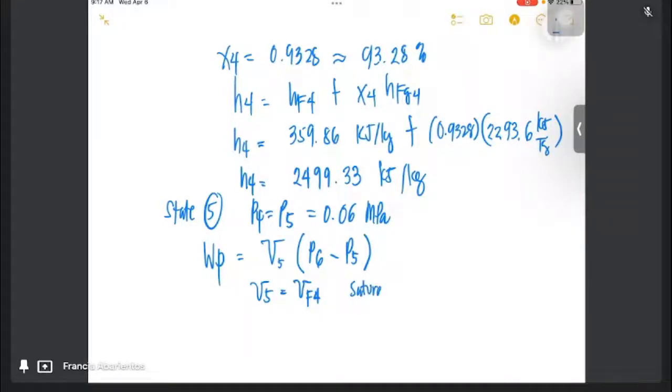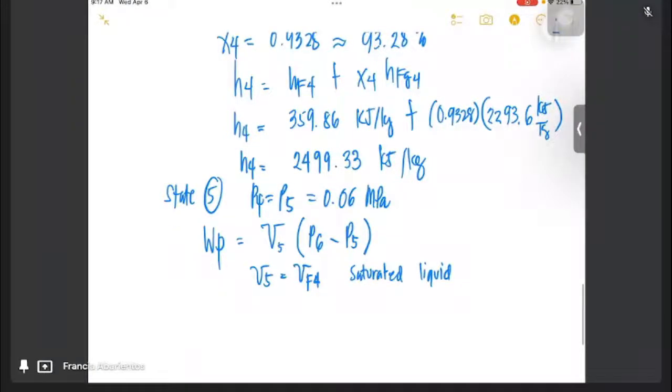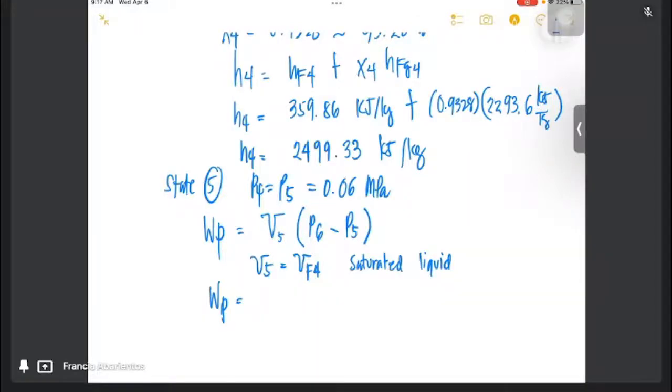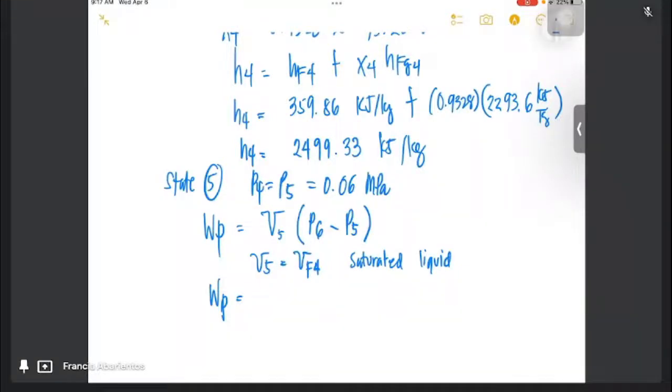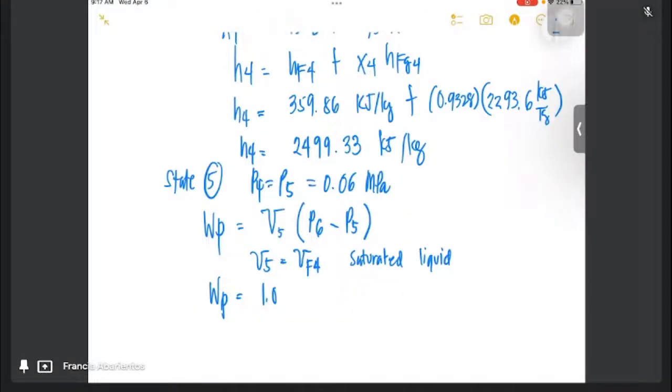Saturated liquid. Balikan natin yung sa Rankine. So, finding for the work of the pump using the pressure at given condition na pressure 0.06. So, yung VF4 natin or yung V5 specific weight, the specific volume at saturated liquid. So, that is 1.0331 times 10 to the negative 3.